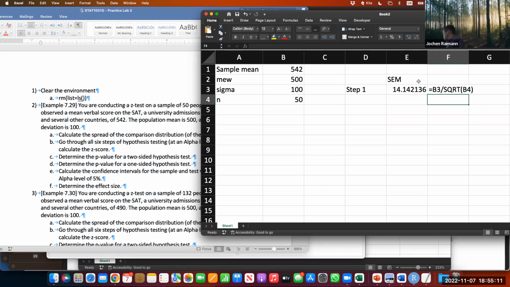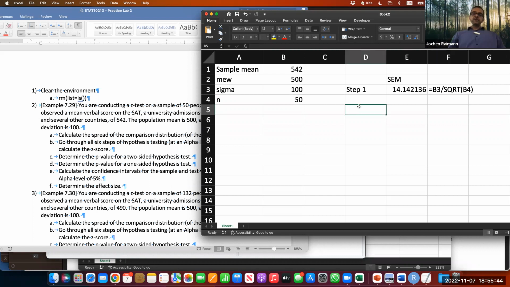This is the calculation: B3, sigma, divided by the square root of B4, which is the sample size. That's the formula we derived in the context of the central limit theorem, the relationship between the standard deviation and the standard error of the mean. When we know the standard deviation of the population, we can estimate the hypothetical variability of these hypothetically drawn means around our sample mean.